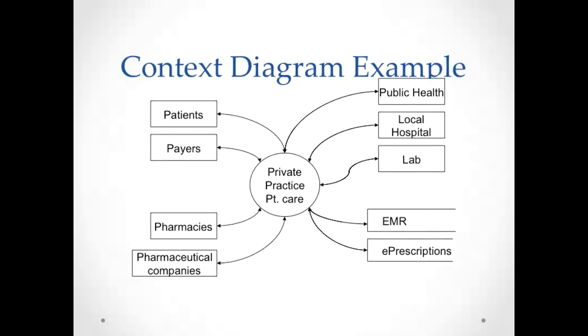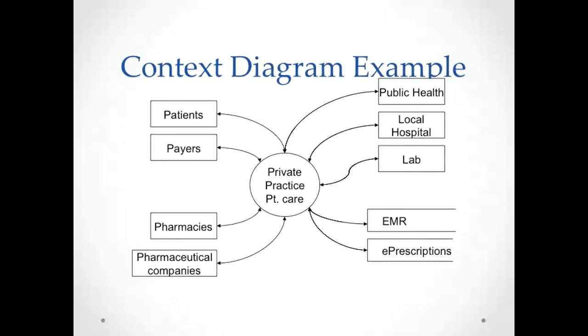On the EMR side, we might send data to an electronic medical record that's part of a larger integrated delivery system if we exist in one of those. We might send out e-prescription information to a commercial vendor or something, or we might store them. Then we may do public health reporting. If somebody's got a reportable condition, by law we've got to do that, and we've got to send immunizations and stuff like that. So there's that interface that we might have.